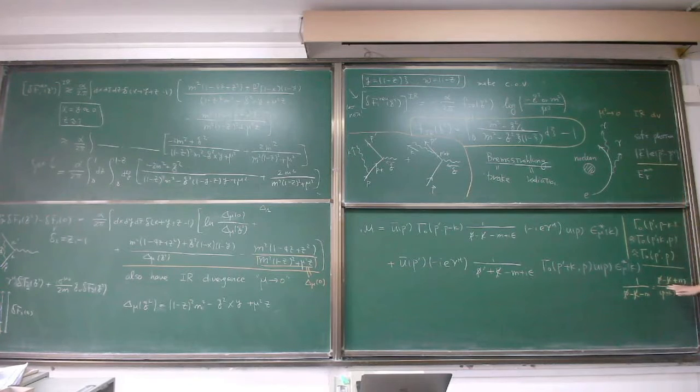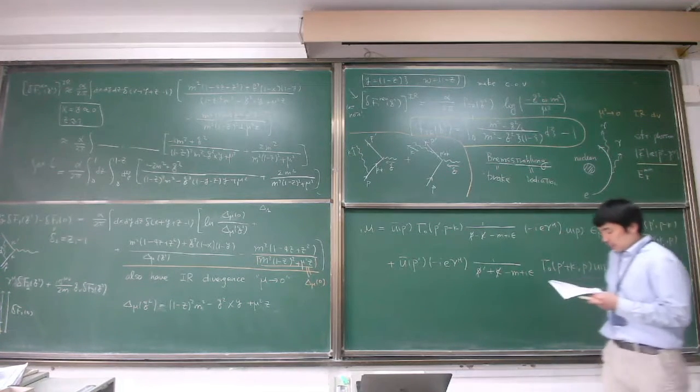So therefore we can ignore k. But the important thing is to just keep track of the denominator. The denominator of k is very important. So we can ignore k in this soft photon limit, but you have to keep track of the denominator. Okay.